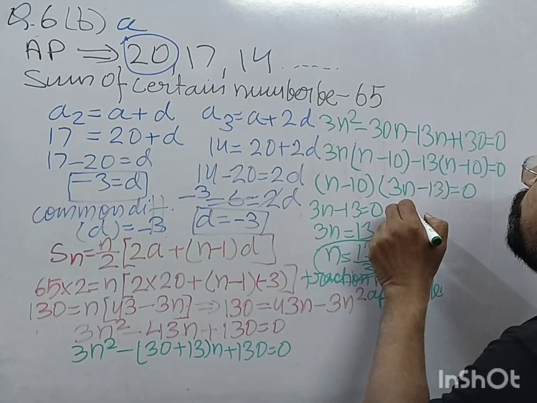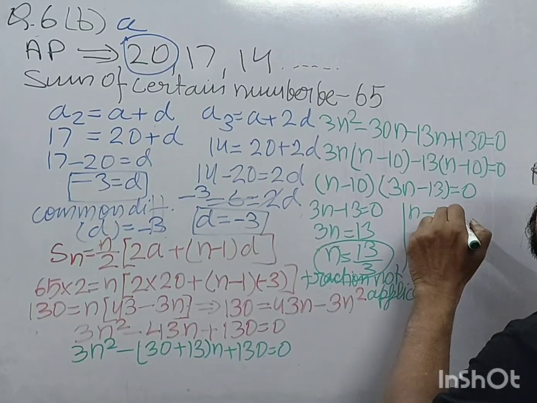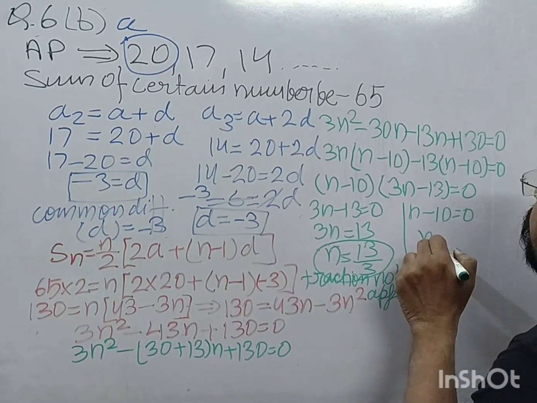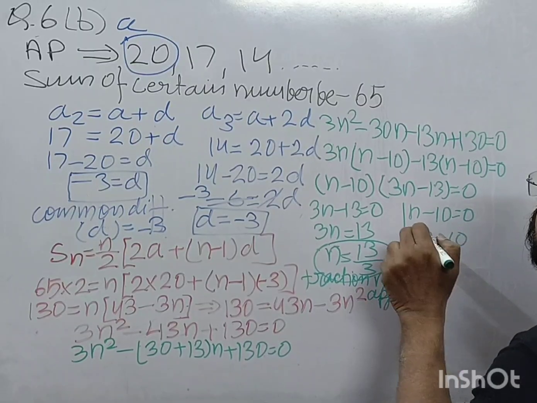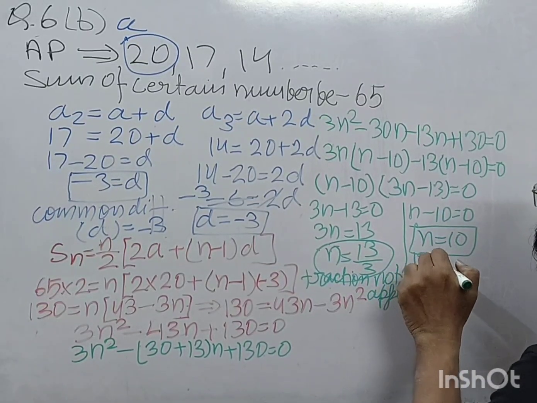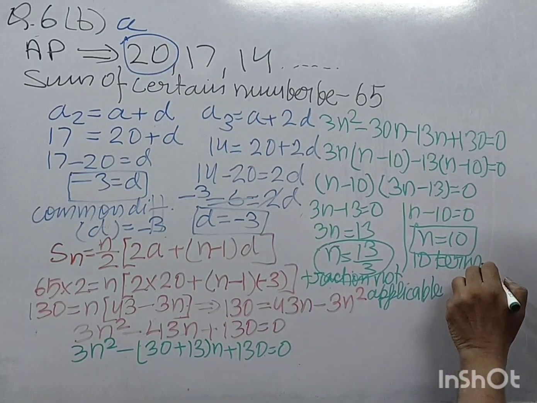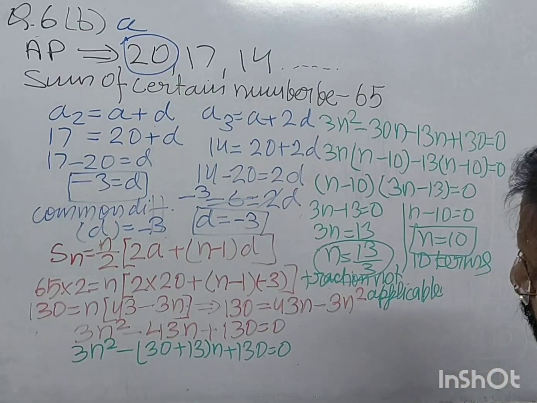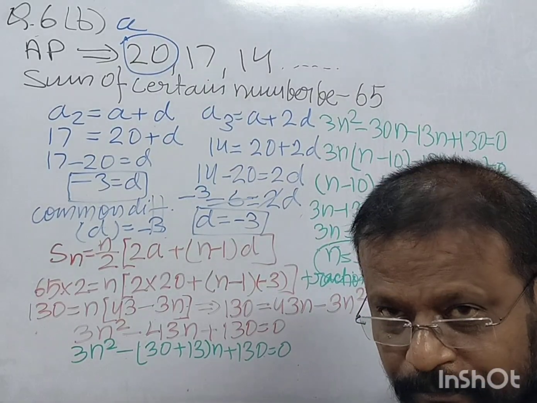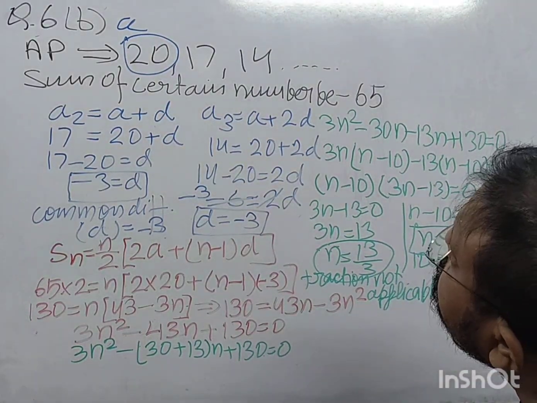So next we have n minus 10 is equal to 0. So n is equal to 10. So there will be 10 terms. You get that? 10 terms. Now you get the 10 terms.